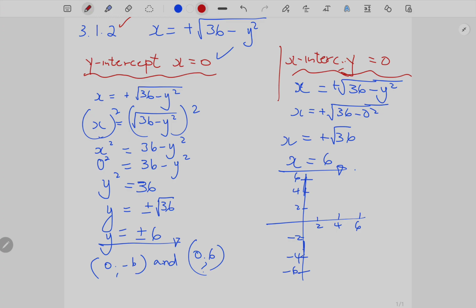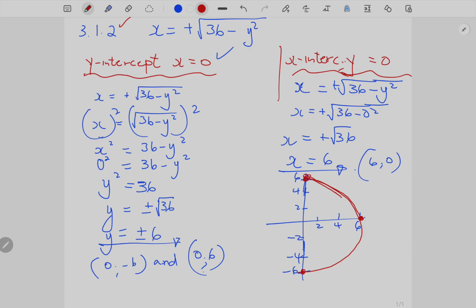We've got these 2 points, which are (0, negative 6) and also (0, 6). And then we've got this point: when x is 6, our y was equal to 0. Then you join all the points that we have, and you're going to see that we have a semicircle.